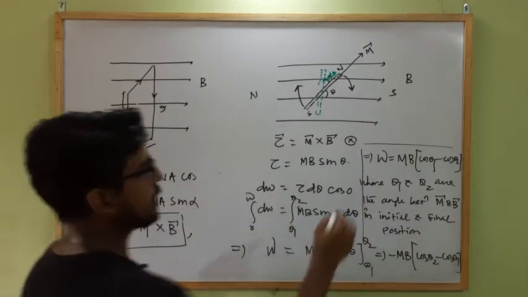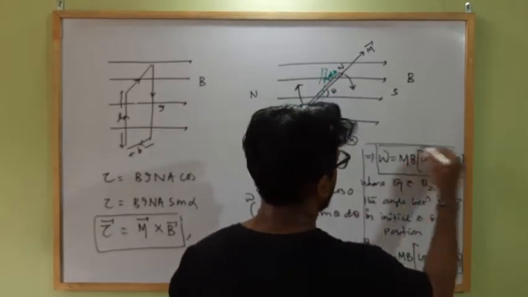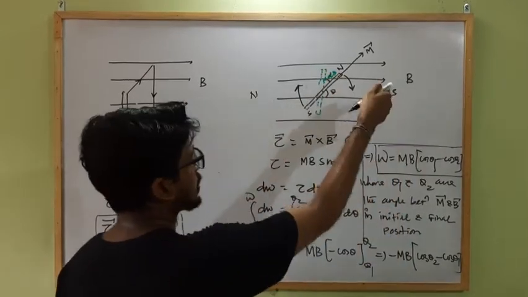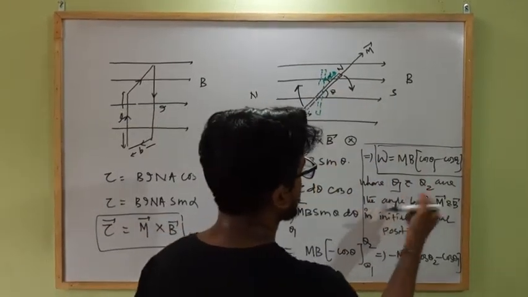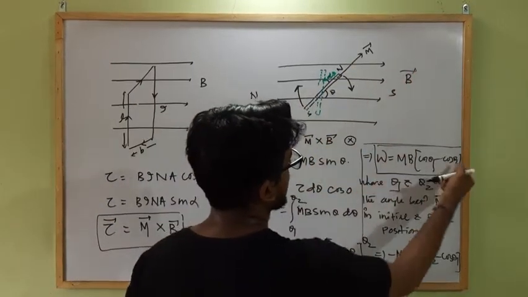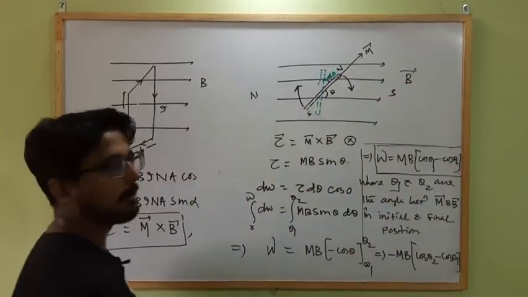Clear? We already discussed it. This is the amount of work done by rotating a dipole in an external magnetic field, where theta 1 is the initial angle between m vector and B vector, and theta 2 is the final angle between m vector and B vector.